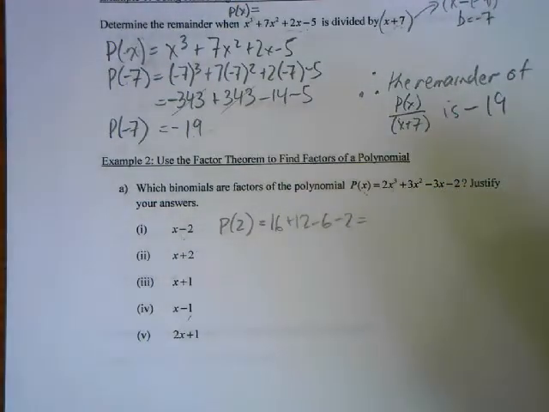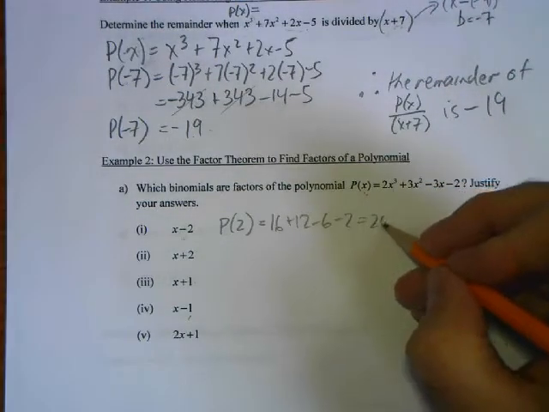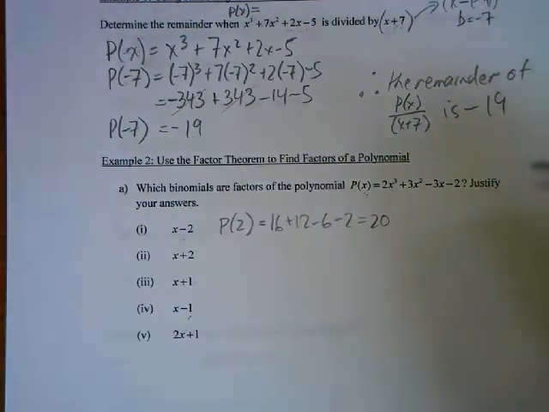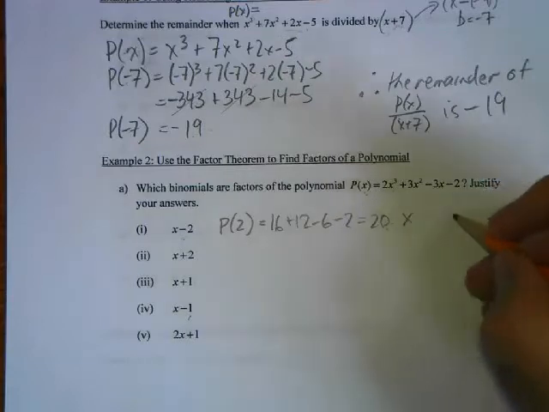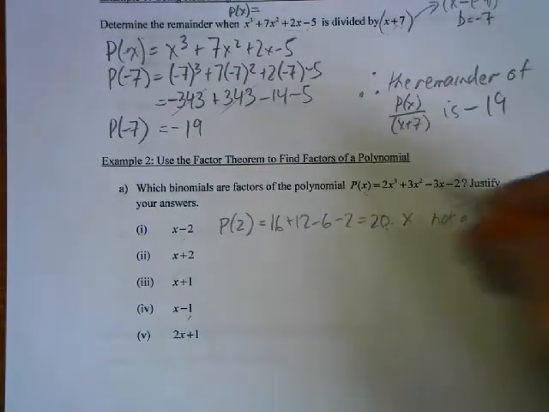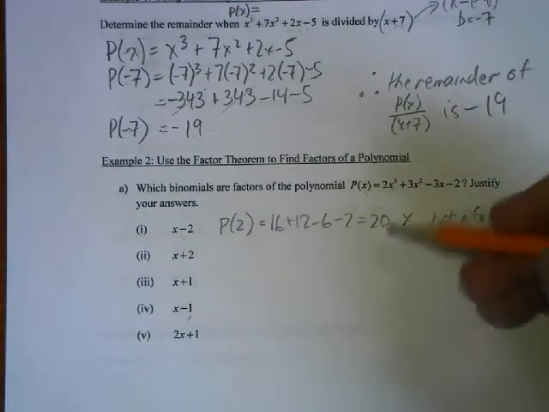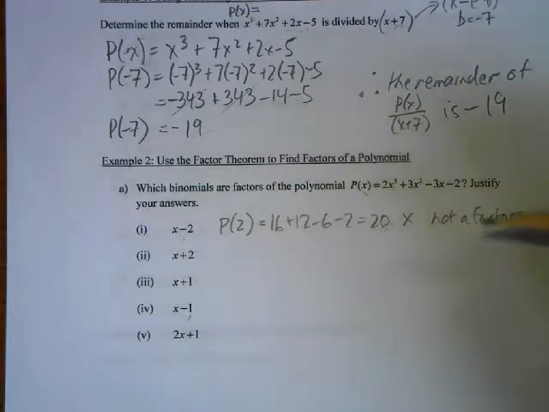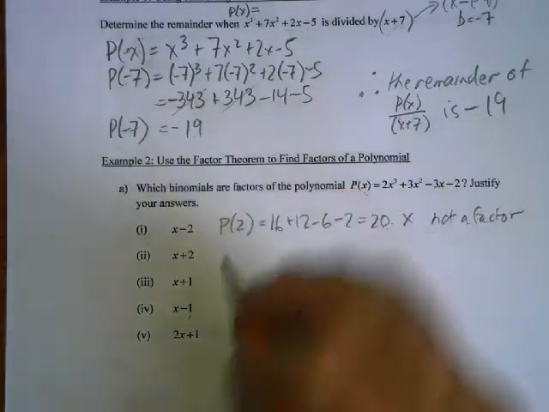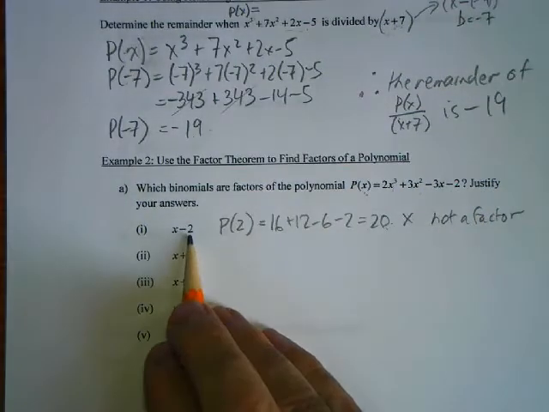Well, that totals up to 20. The fact that that's not 0 just means it's not a factor. We're not going to do anything with the 20; we're only looking for whether it is 0 or not 0. So we know x minus 2 is not a factor.